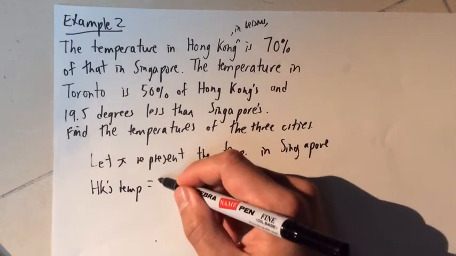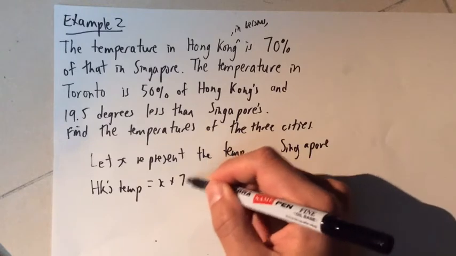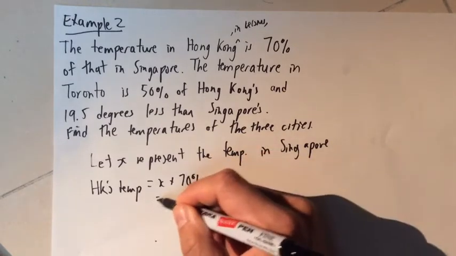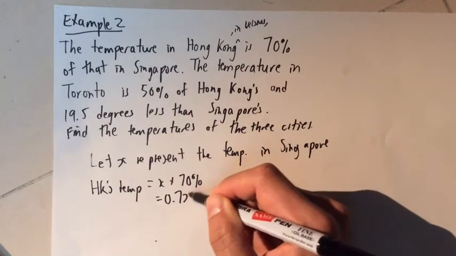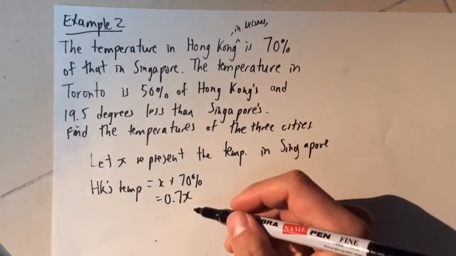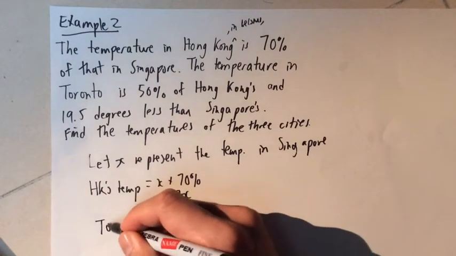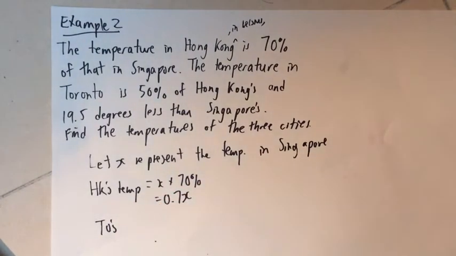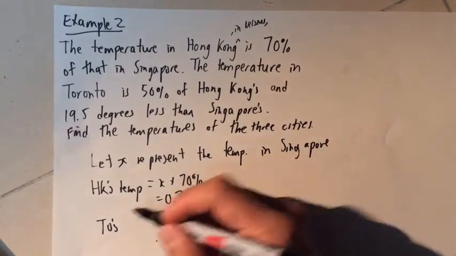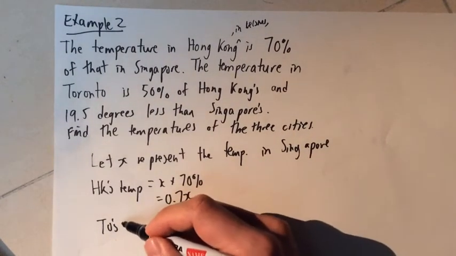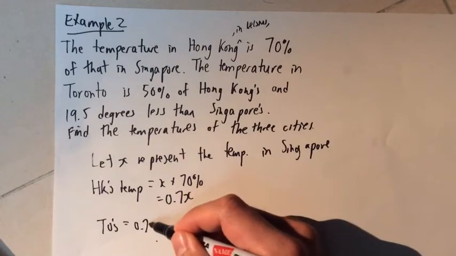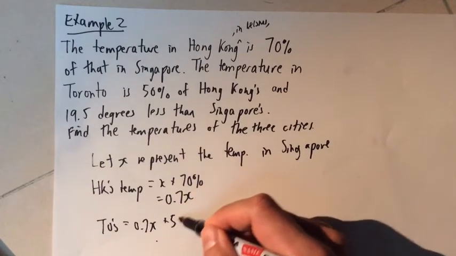In that case, it would be x times 70%, which is just 0.7x. Now we know Toronto's temperature is half of that, 50%, so it would be 0.7x times 50%.